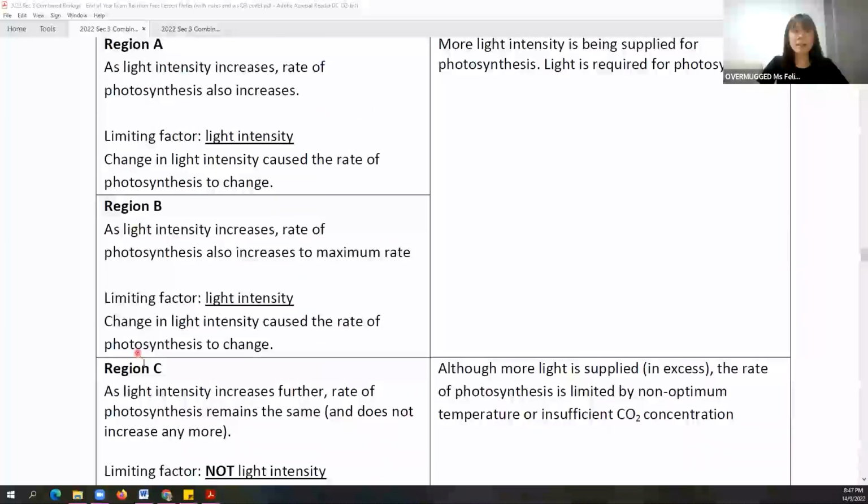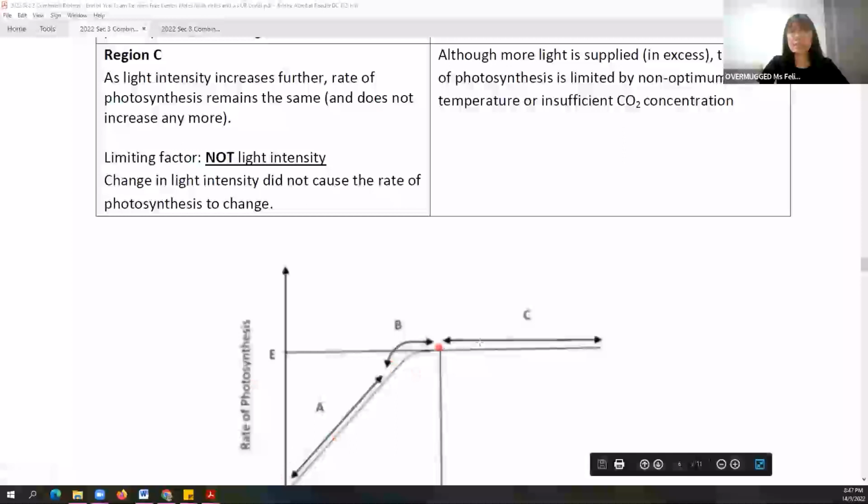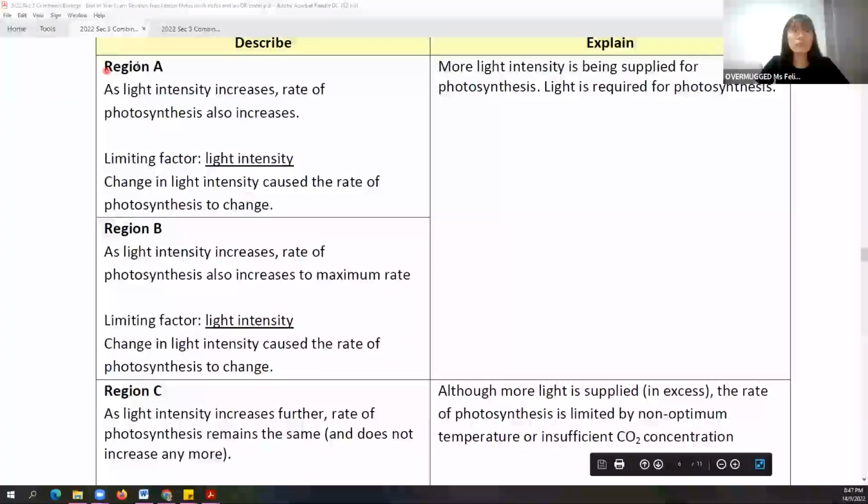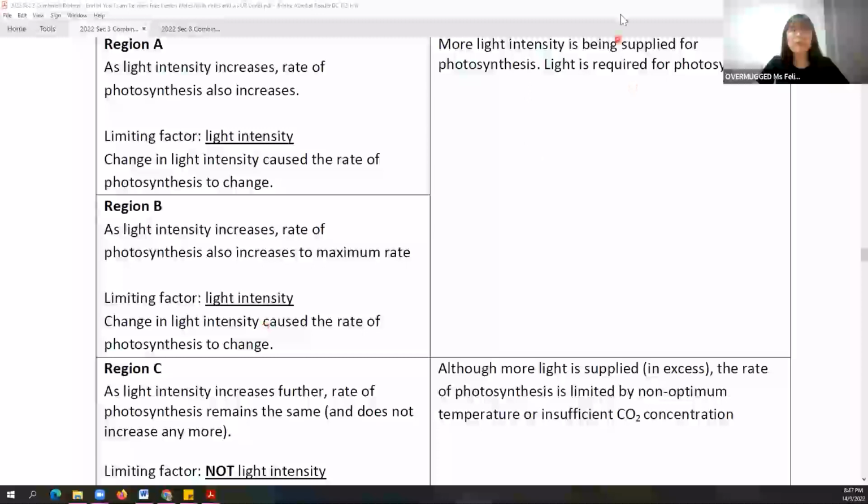I have divided the graph into region A, B, and C. Same thing, you always go by curved line versus horizontal line. You realize that for region A and B, the limiting factor will be light intensity. But for region C, it will not be light intensity anymore. So I will highlight it in 2 colors.